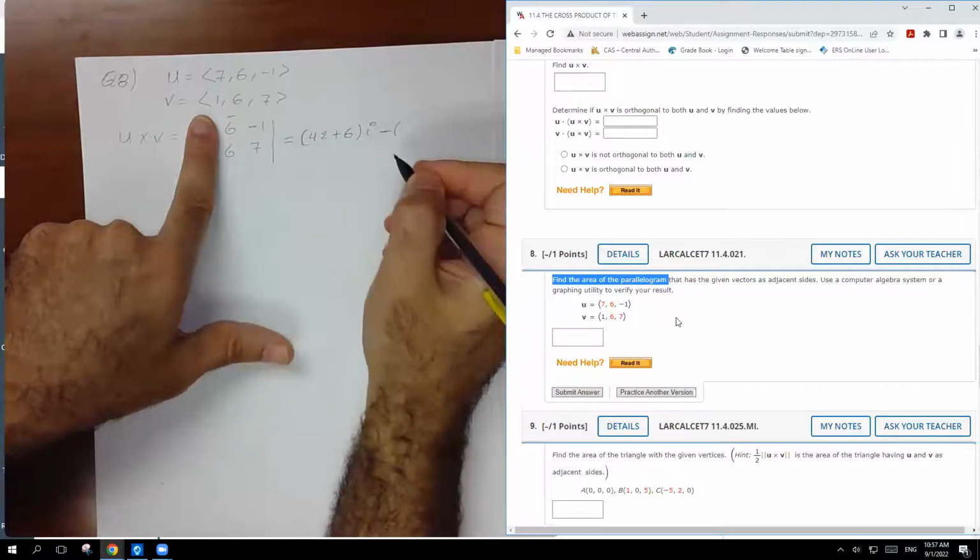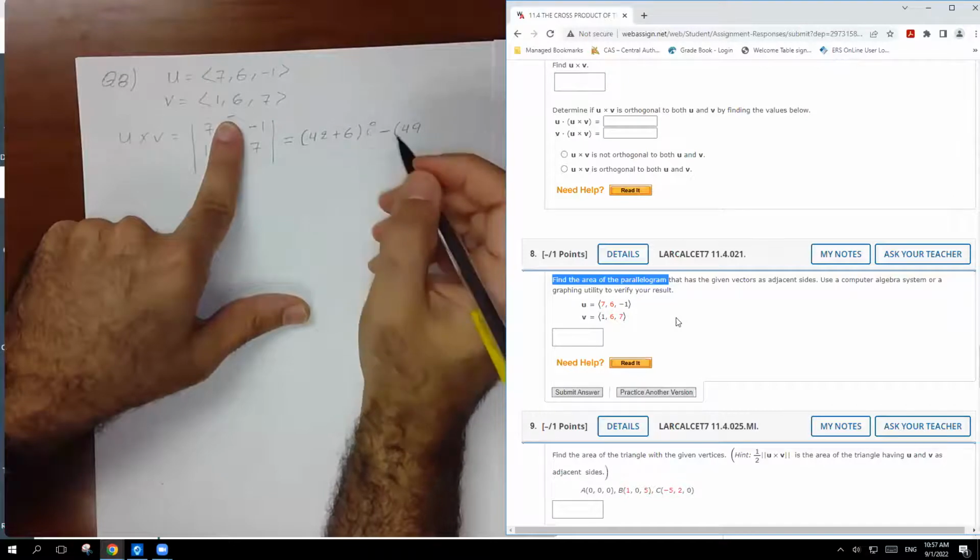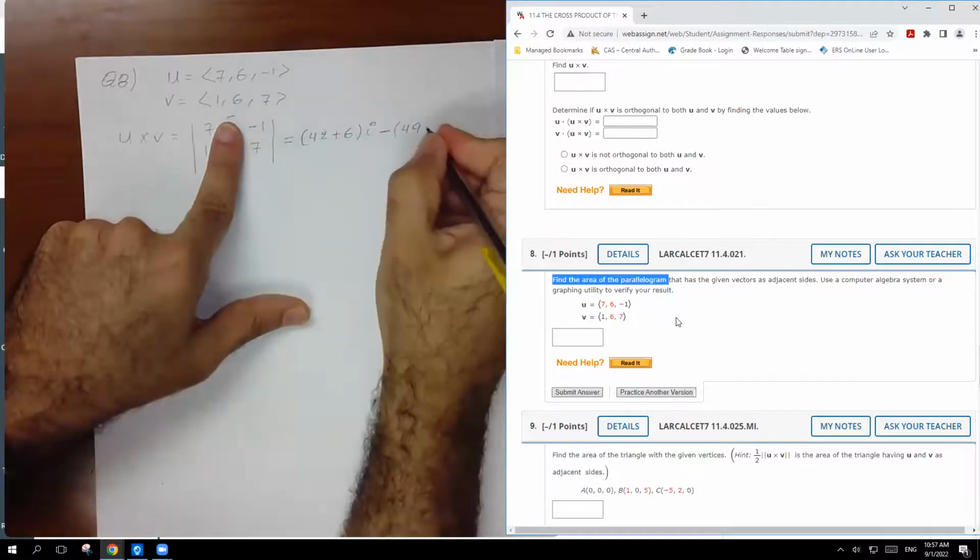Minus for the J is going to be 49 plus 1.